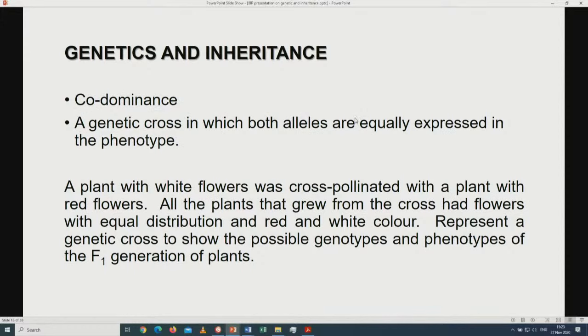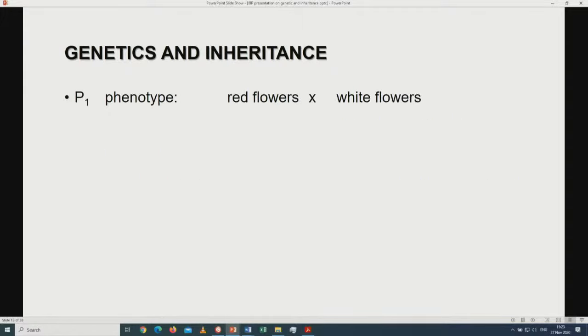In codominance also, a plant with white flowers was cross-pollinated with a plant with red flowers. All the plants that grew from the cross had flowers with equal distribution of red and white color. Represent the genetic cross to show the possible genotype and phenotype of the F1 generation of plants. Still, we have alleles that are not dominant over the other one.